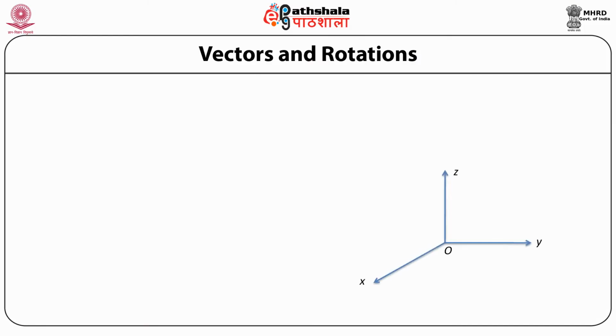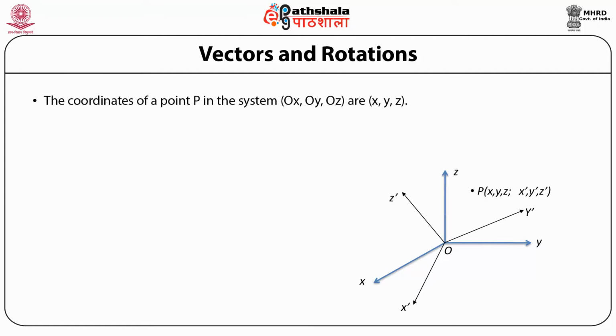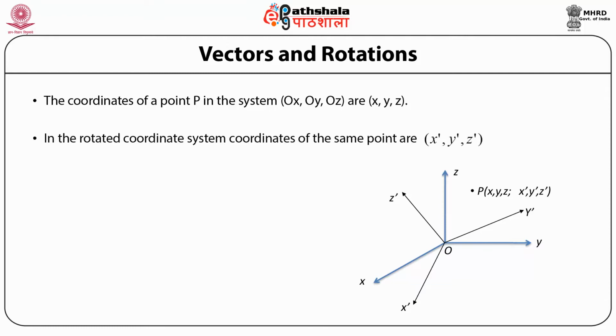Consider a coordinate system OX, OY, OZ. Let the coordinates of a point P in this system be x, y, z. What will be the coordinates of the point in the rotated coordinate system OX', OY', OZ'? The origin has remained the same, only the orientation has changed.